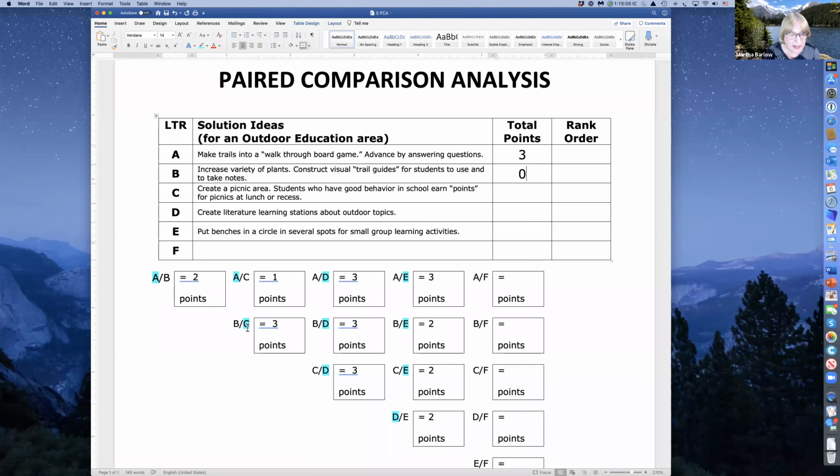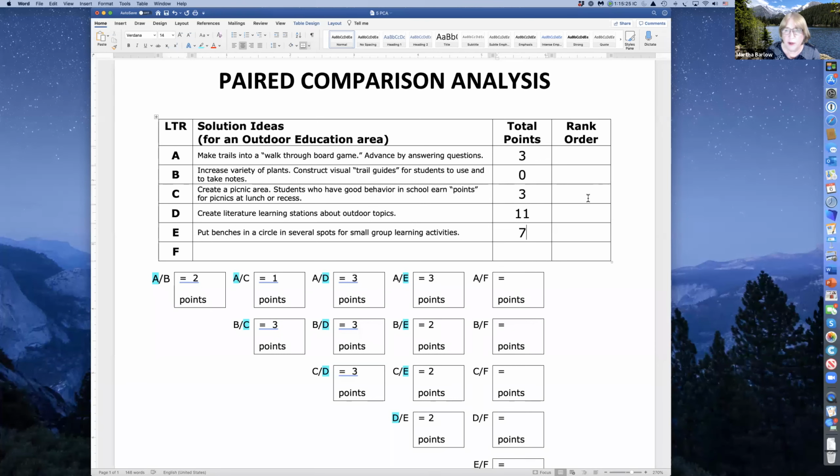C has 3 points here, and that is it. D has 3, 6, 9, 10, 11 points. And E has 3, 4, 5, 6, 7 points.